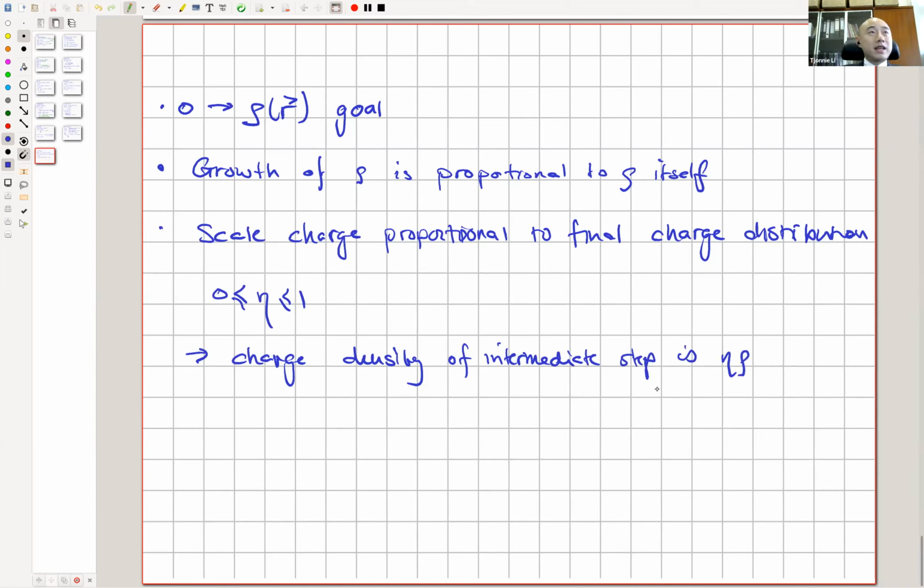So I can build up from 0 to rho by simply letting eta go from 0 to 1.